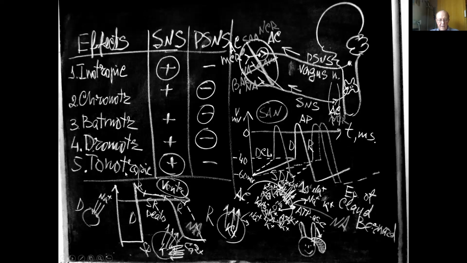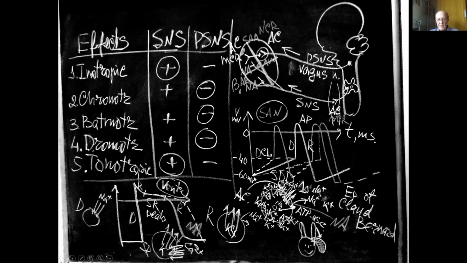What are the ionic mechanisms of all these effects? At the sinoatrial node, you see in one cell, a typical myocardium cell of the sinoatrial node. This is the curve of the action potential.